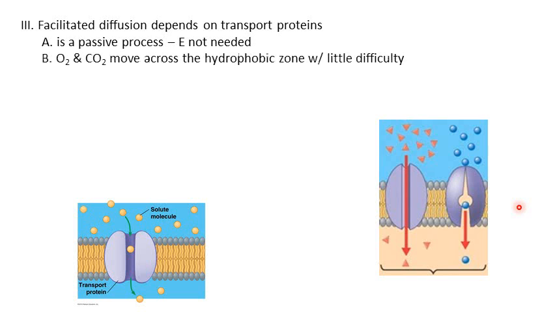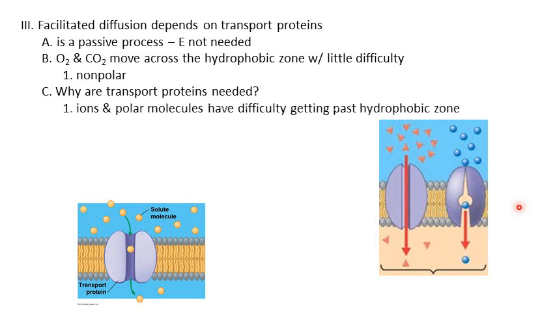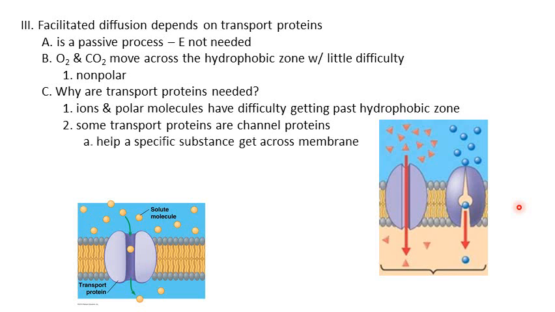We've already said that nonpolar materials can move across the hydrophobic zone with little difficulty, like oxygen and carbon dioxide. So we know the answer to this question. Why are transport proteins needed? Because ions and polar molecules have a hard time getting past the hydrophobic zone. Some transport proteins, as we've illustrated here, are channel proteins. They are specific for what they'll help get across a membrane.